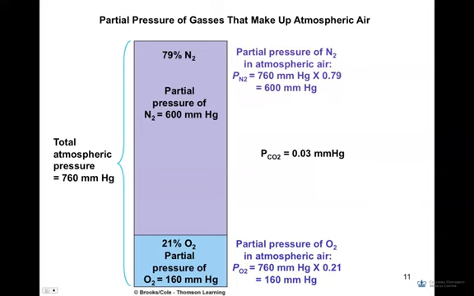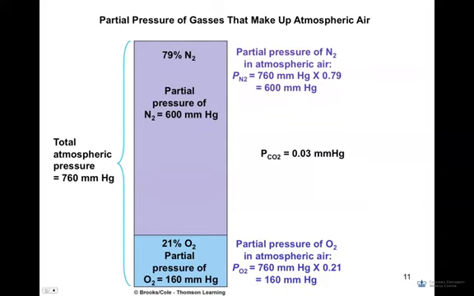Okay. So, for example, nitrogen is 79% of atmospheric air. So the partial pressure of nitrogen simply is equal to 79% times 760 millimeters of mercury, total atmospheric pressure. And so we get a partial pressure for nitrogen equal to 600 millimeters of mercury.